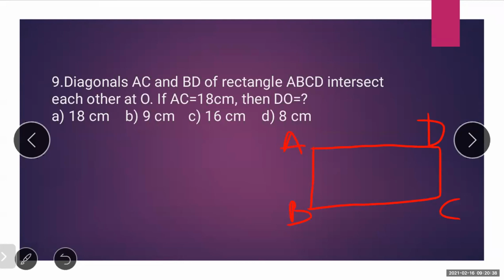Diagonals AC and BD intersect at O. AC is given as 18 centimeter. You have to find DO.